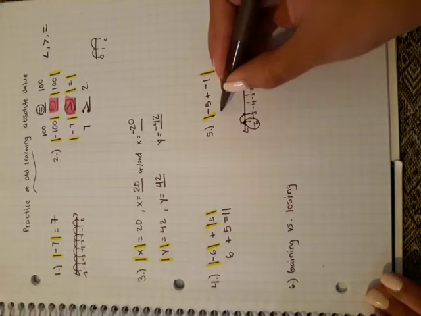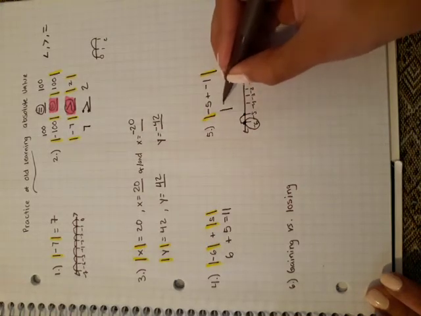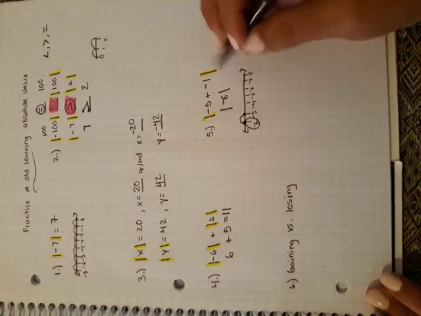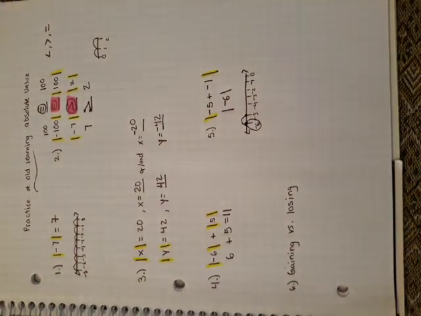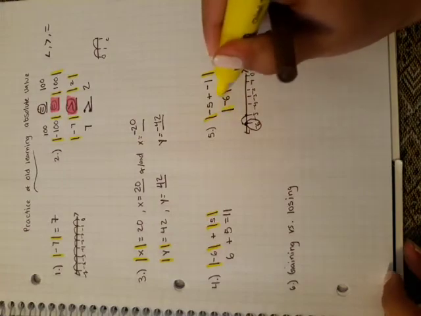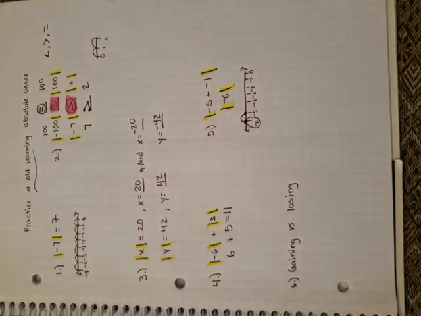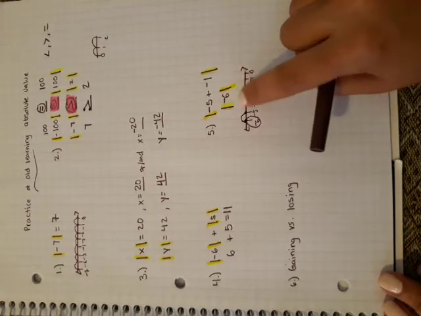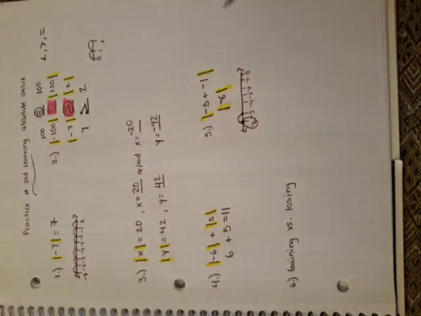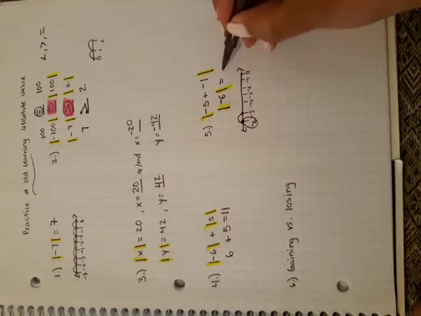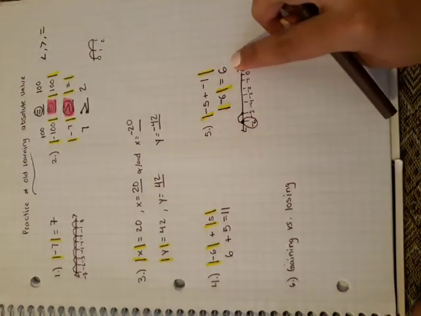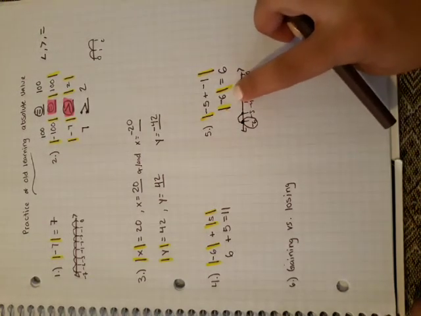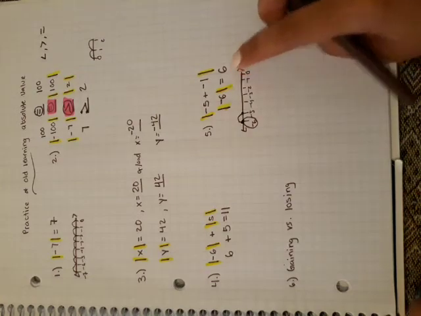So that means this is the absolute value of -6. Let me highlight the absolute value bars just to keep myself organized. Okay, now we can figure out how many distances this number is away from 0. So -6 is 6 spaces away from 0. So the absolute value of -6 is 6.